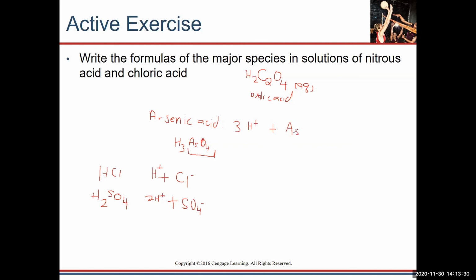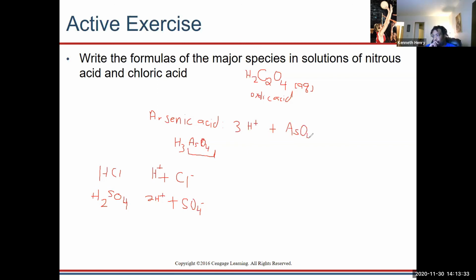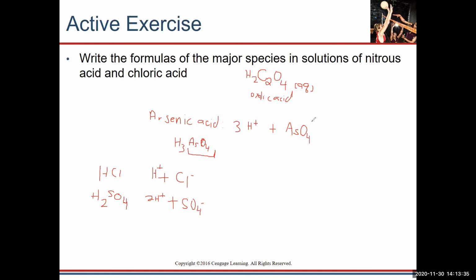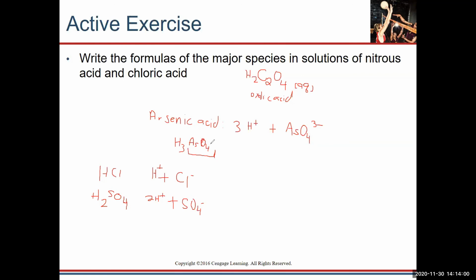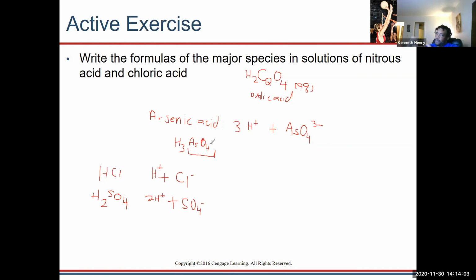That's right. And what charge? Negative. Just one negative? No. 2 negative? 3? 3 negative. Now, don't forget what you learned, right? If you get 3 pluses, it has to balance out with 3 negatives. Don't throw everything that you learned in the beginning out the window. You have to keep it.